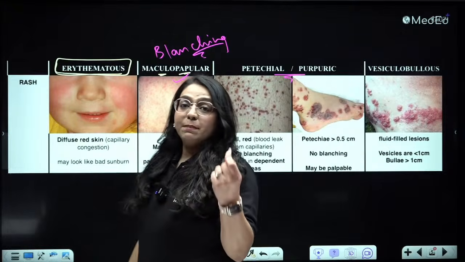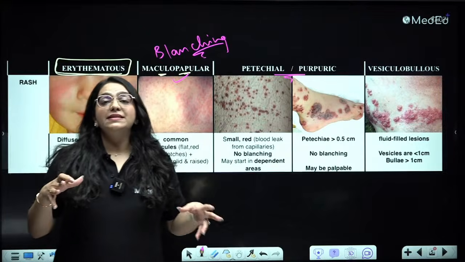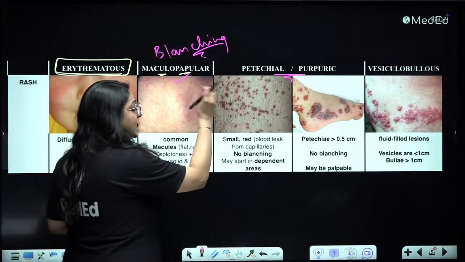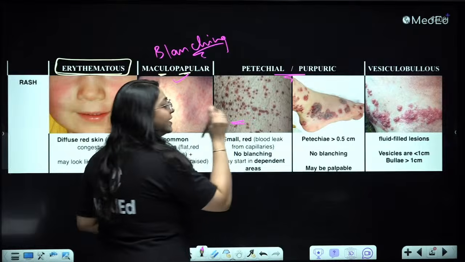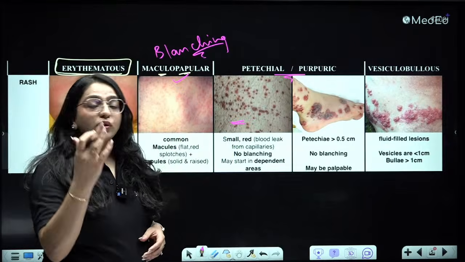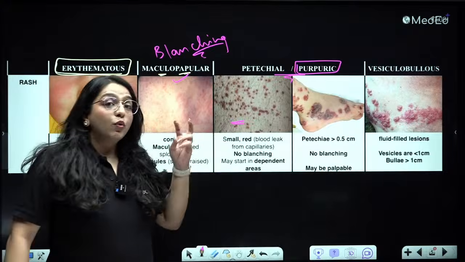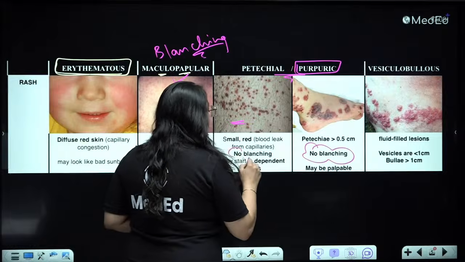Petechiae or purpura happen whenever there is bleeding into the skin of the patient, whenever there is any kind of bleeding abnormality. When they are less than 1 centimeter, really tiny, we call them petechiae. When they're more than that, we start calling them purpuric rash. In both of these, there is going to be no blanching.